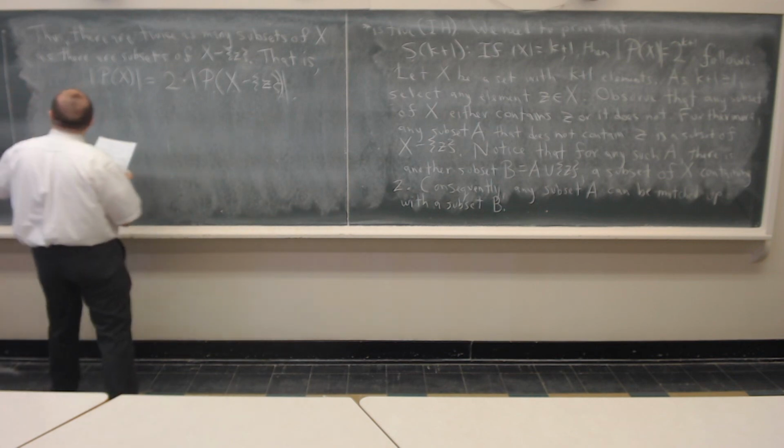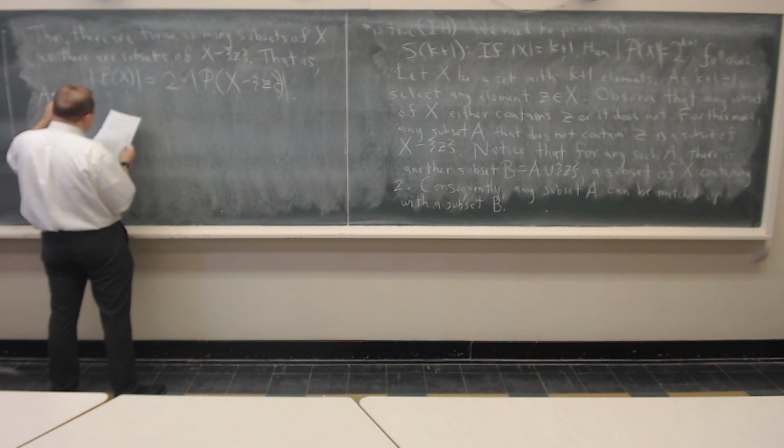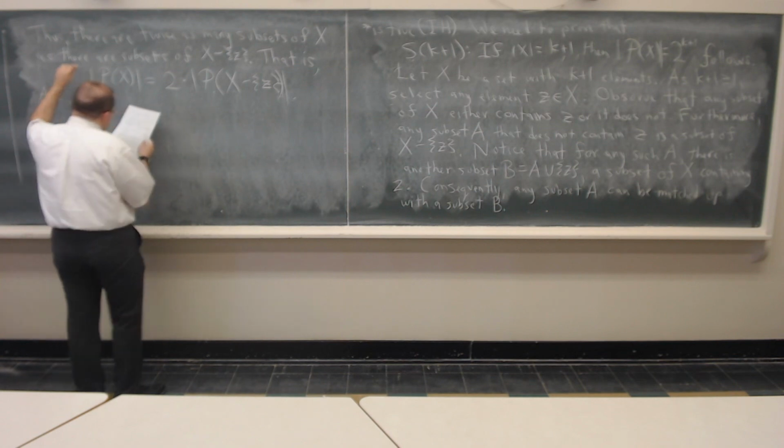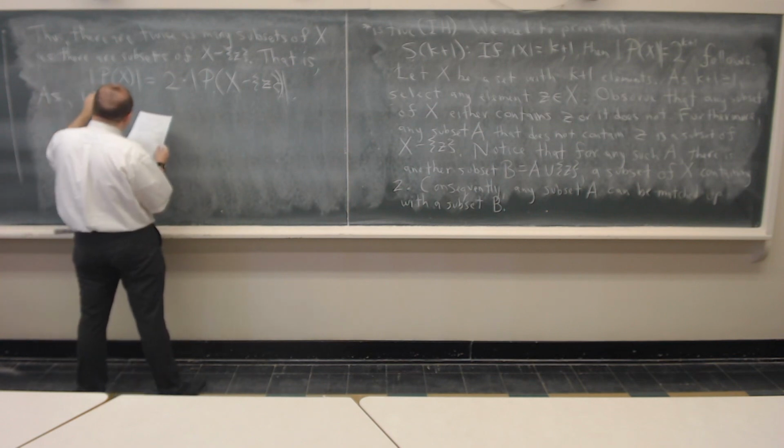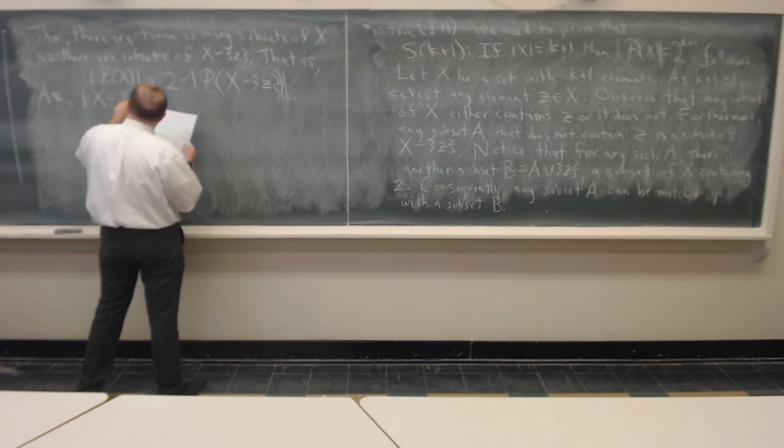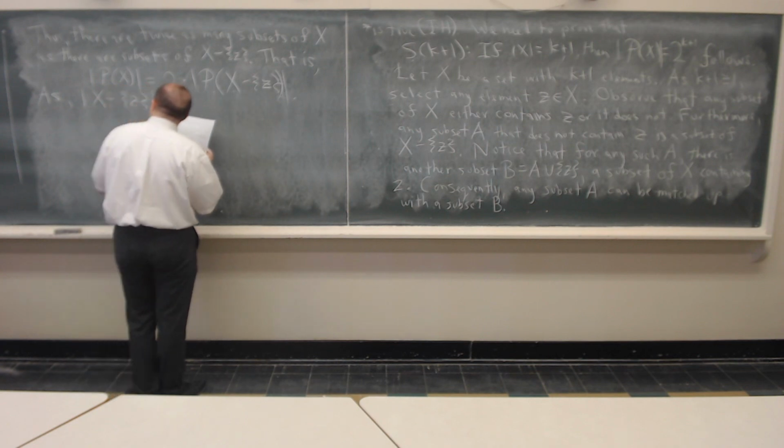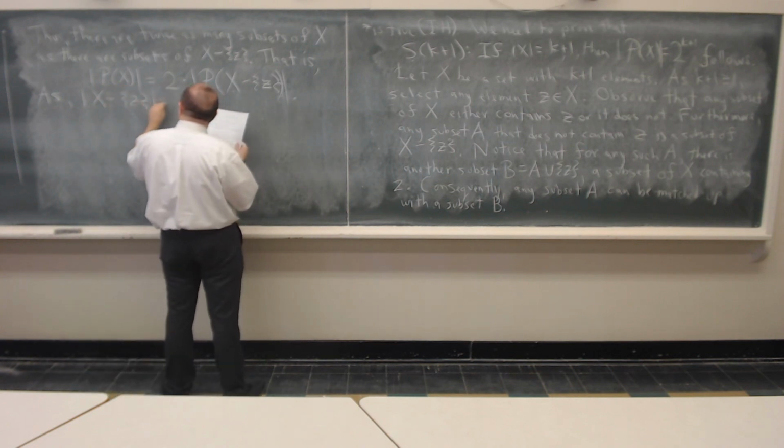As the cardinality of X minus the set containing the element Z is equal to K. Remember that, I just removed one element.